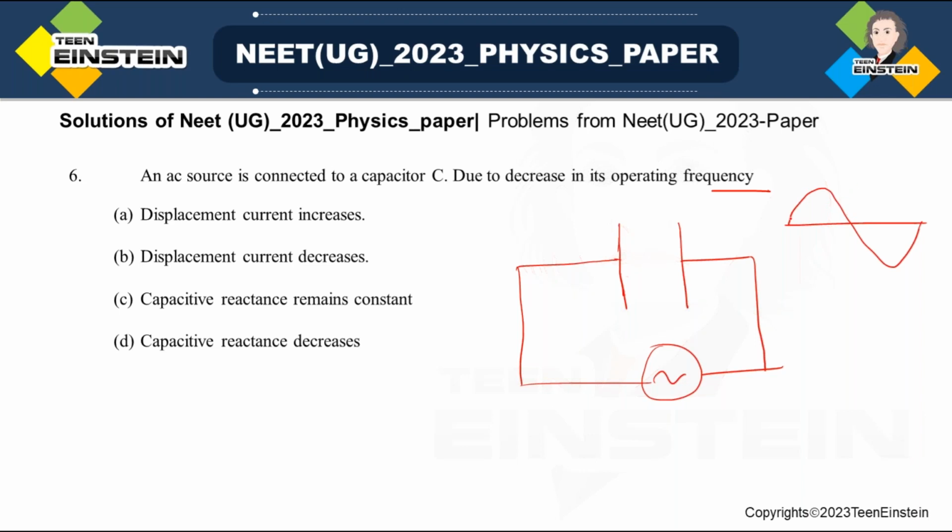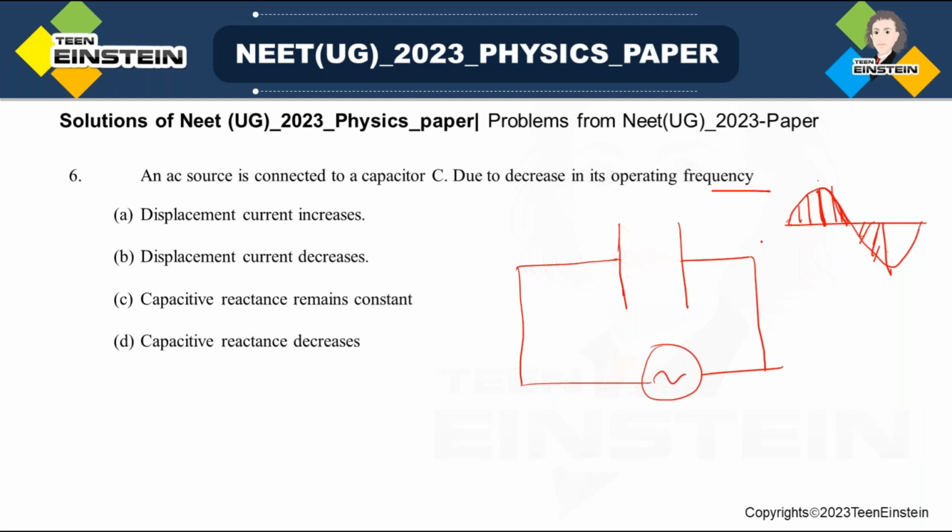So what happens? The capacitor during this cycle, in the positive half cycle, in a quarter of the cycle gets charged, and in another quarter it gets discharged. Then in the opposite direction, again a quarter cycle it gets charged, again discharged.